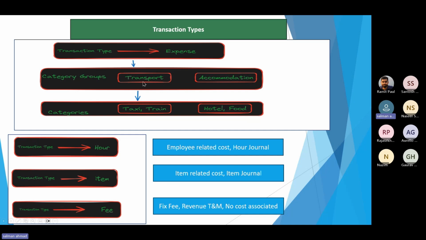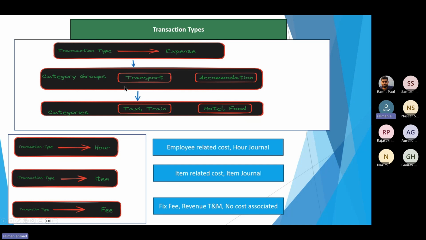In a similar way, let's say as an employee, I am traveling to one customer, right? And my project team is going to post the expense transactions relevant to that project. Either I can go by train, by taxi, or by air. So in that case, in transport, we can create different categories.